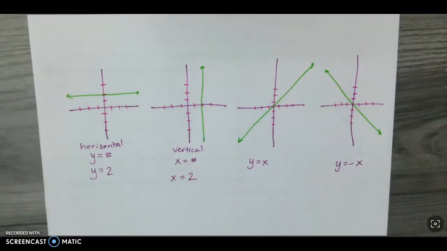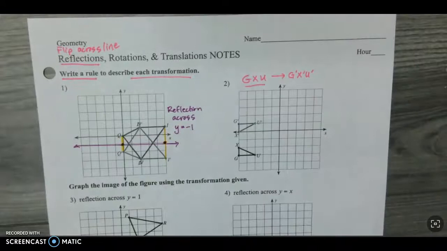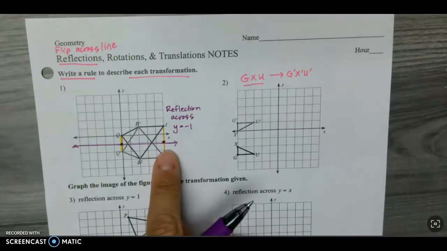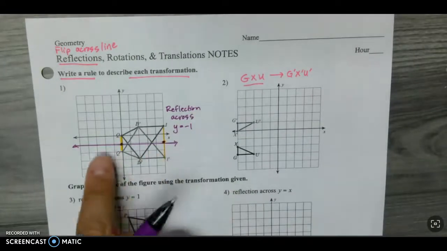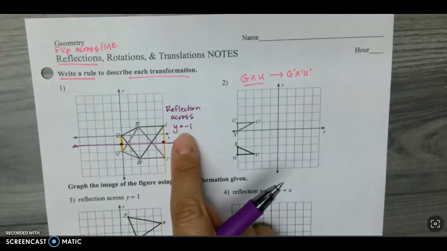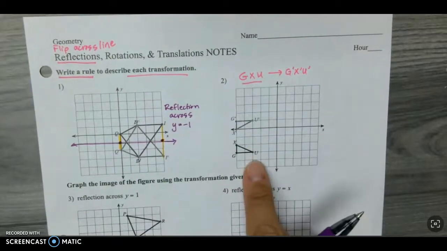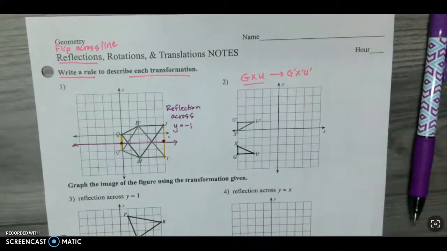Okay, so write these down, kind of tuck them aside, because we will be using them. Okay, so now if we come back here, we see we have a horizontal line of reflection, and it goes through the point y equals -1, and so our equation is y equals -1. Now, if you feel like you've got it, go ahead and pause and try this one on your own, but I'll go ahead and walk through this as well.